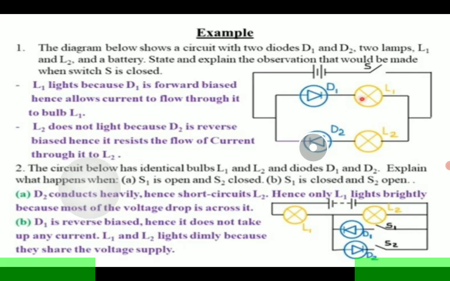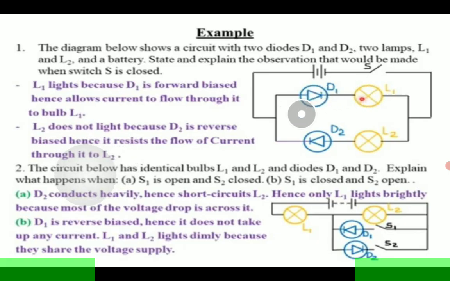Since this one is reverse biased, lamp 2 does not light because D2 is reverse biased, hence it resists the flow of current through it to lamp 2. So in other words, lamp 2 will not conduct, will not light, but lamp 1 will light.